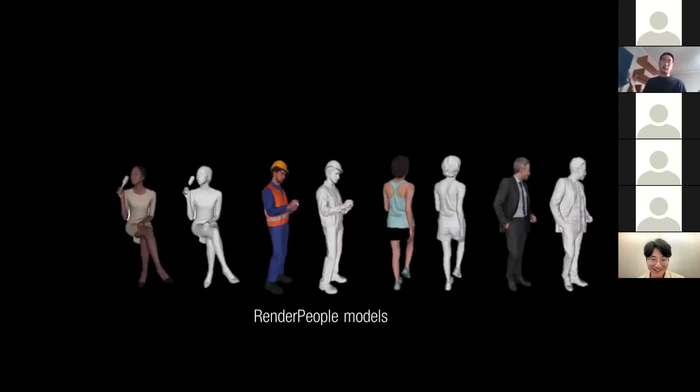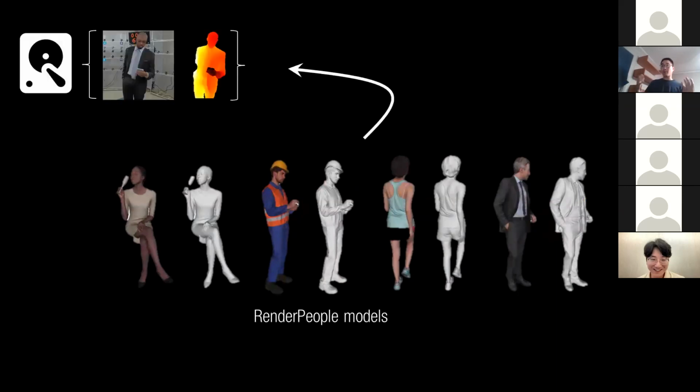There are CAD modeling companies that scan a few hundred humans, such as Render People or some other companies that provide these 3D models of humans. Once we have these CAD models, we can render them to generate the image and the depth image together from multiple viewpoints, and then we can use this synthetic data to train a neural network.